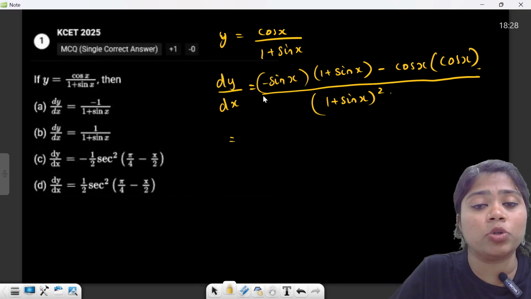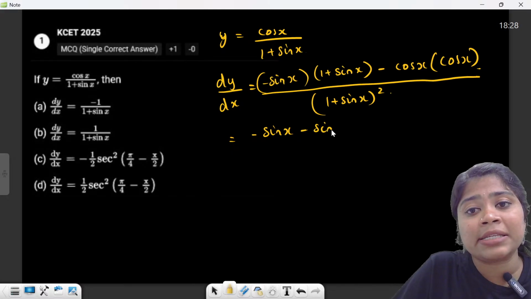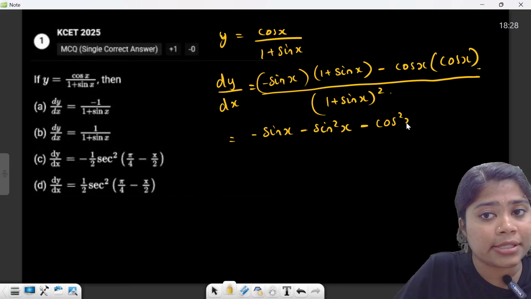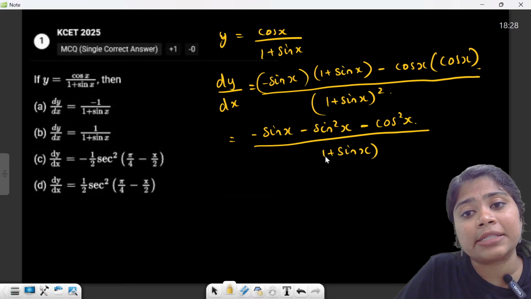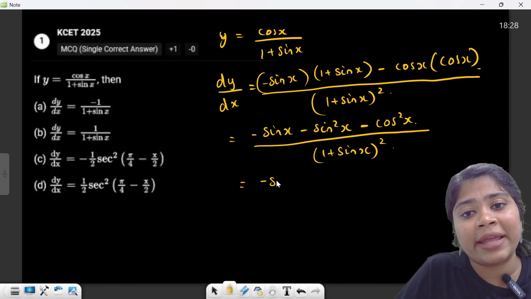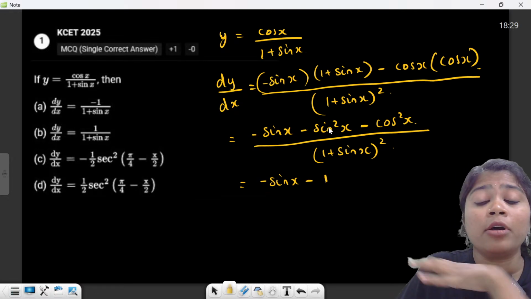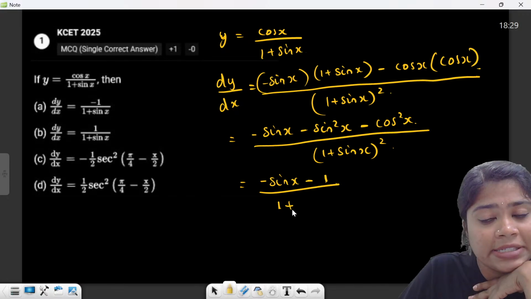Which is equal to minus sin x minus sin square x minus cos square x divided by 1 plus sin x the whole square. Which is equal to minus sin x minus 1, because minus of sin square x plus cos square x you can write, divided by 1 plus sin x the whole square.